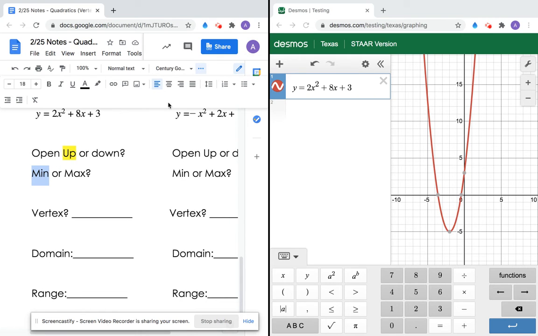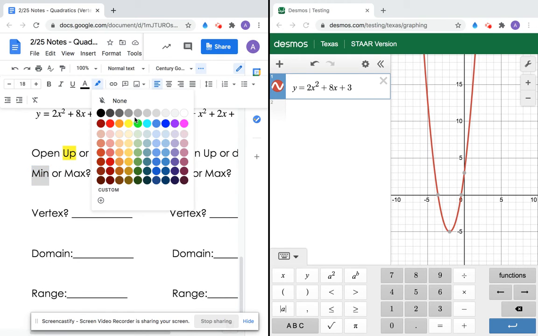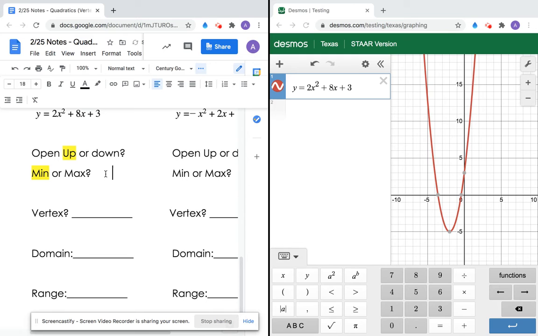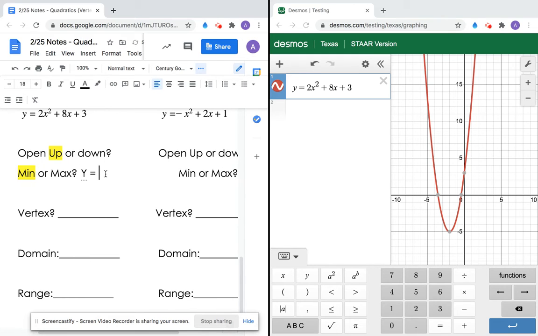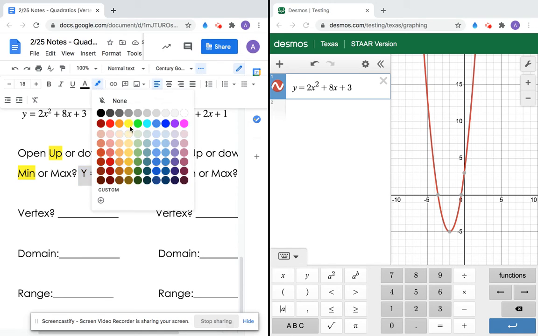The value that it's minimum at is going to be at y equals, and when you look at the lowest point in your graph, it's going to be at -5. So -5 is the max or min value.